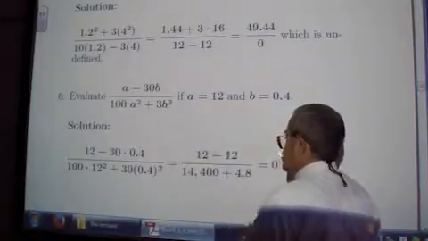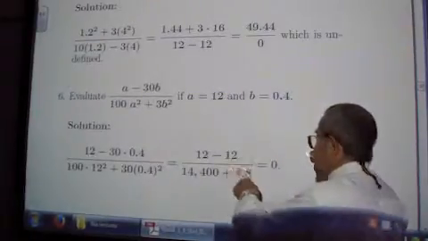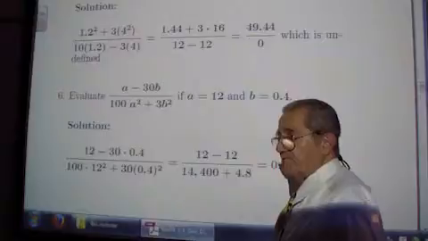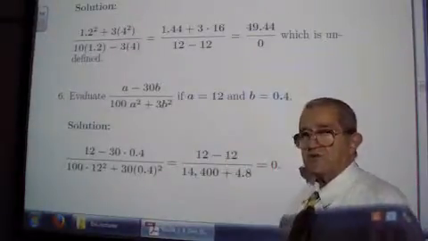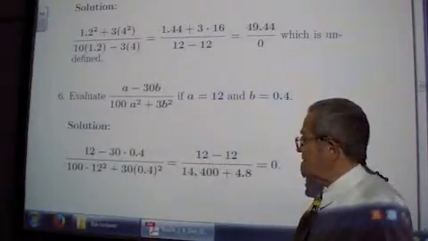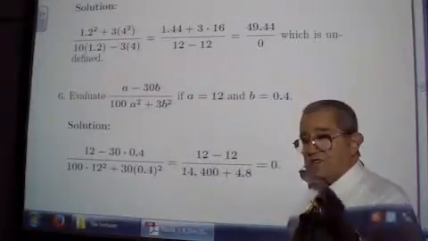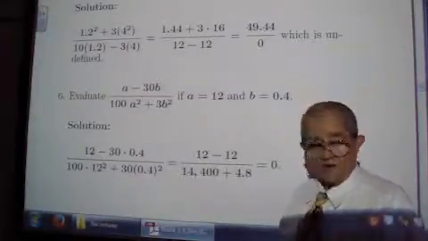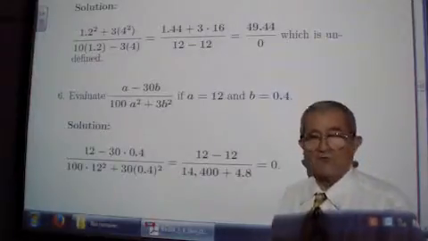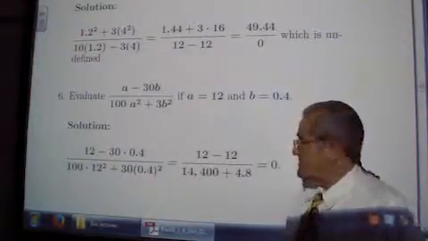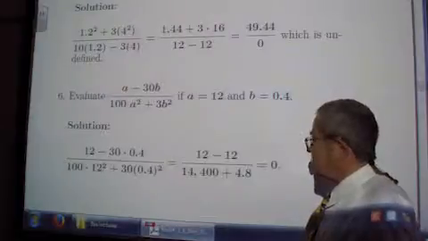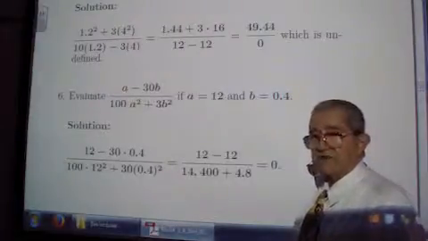The denominator is not 0. 0 over a number is 0. 0 in the numerator is good. 0 in the denominator is a no-no. Now be careful. Don't say 0 is undefined. The fraction divided by 0, that's undefined. Okay, so 0 in the denominator makes division by 0 undefined.